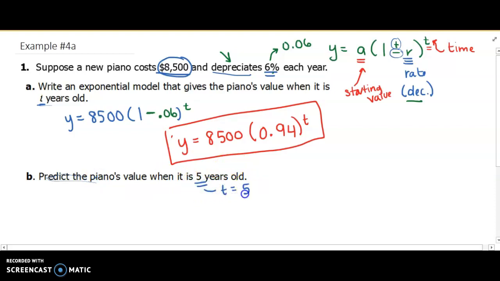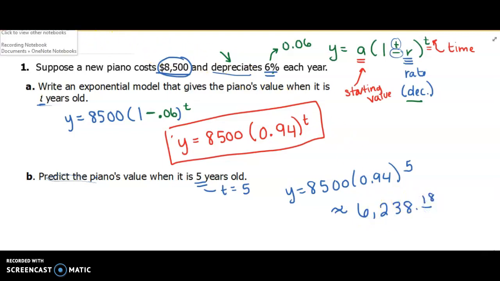So we just plug t equals 5 in. y equals 8,500 times 0.94 to the 5th power. If you put that in your calculator, you would get roughly 6,238.18. That is what I got.